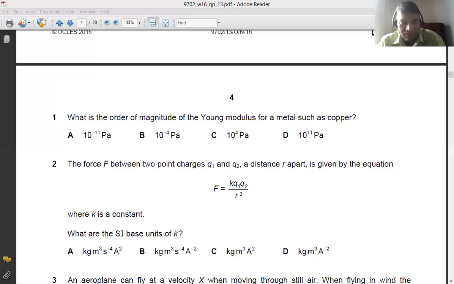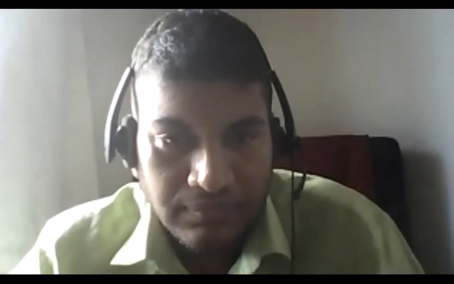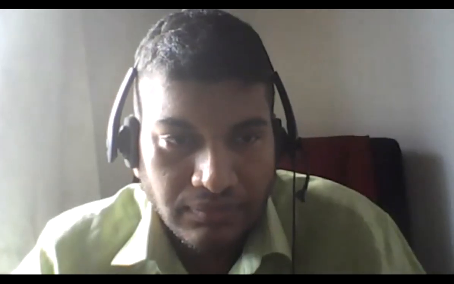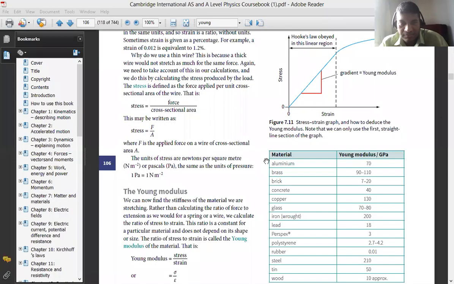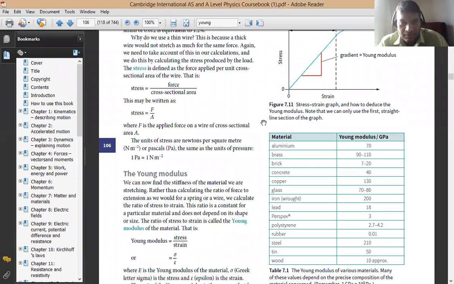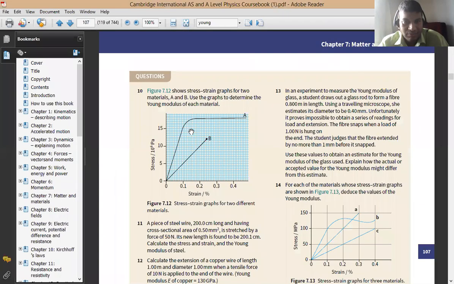I will again share the textbook with you. This is the part which contains all the details about Young modulus.